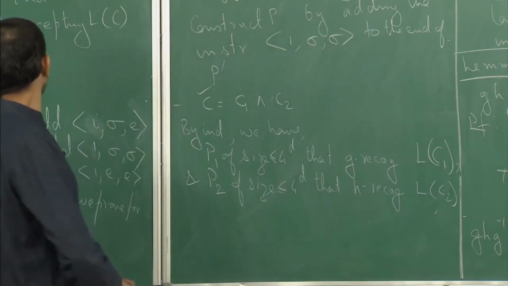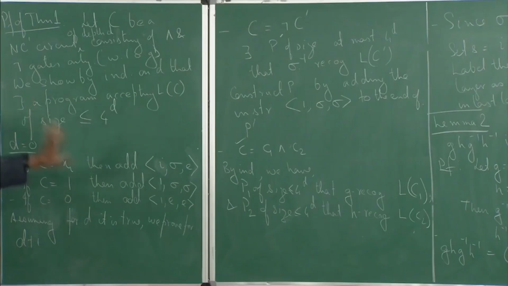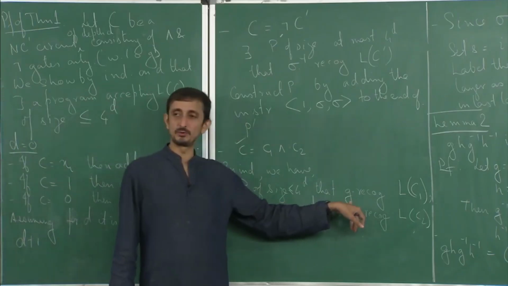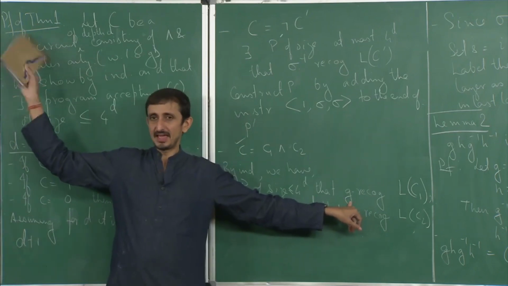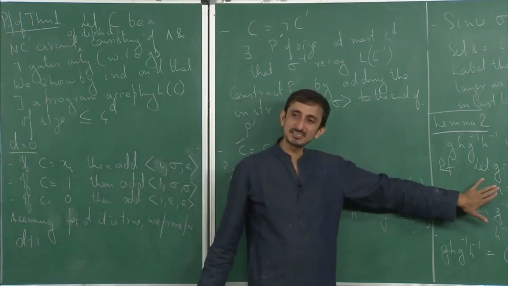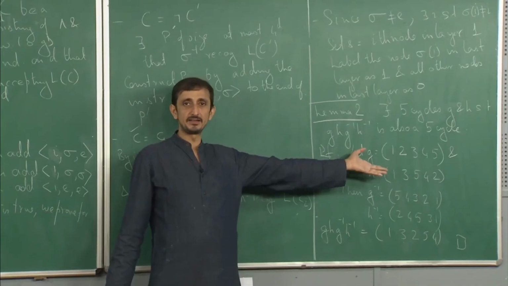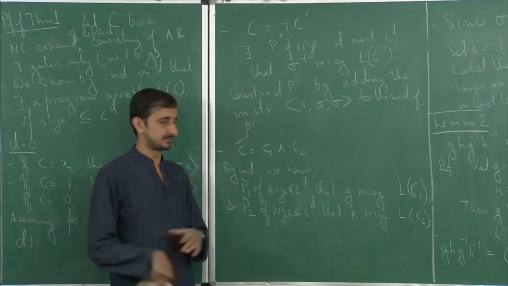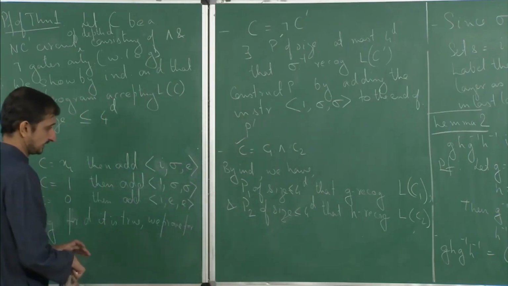Again, they can be recognized with respect to any permutation. We applied lemma 3 and we can get it with respect to this G and H. Note that G and H are the fixed permutations that we defined in lemma 2 earlier, these very special 5 cycles.